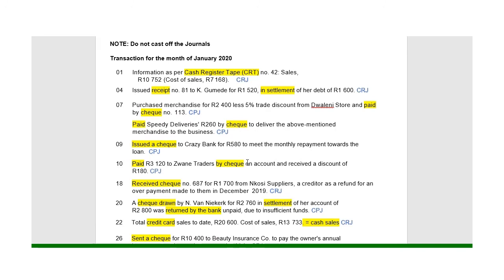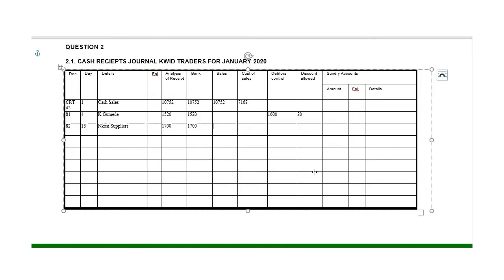Now I've got to decide what it is that I'm receiving. I'm receiving money from a creditor as a refund for overpayment. So what account would it be? Creditors control. I'm receiving from a creditor, so it's creditors control. Look for a column heading.